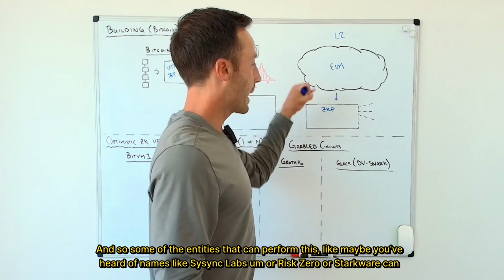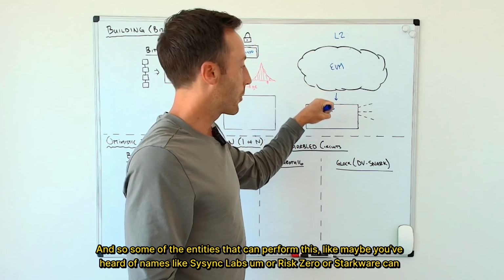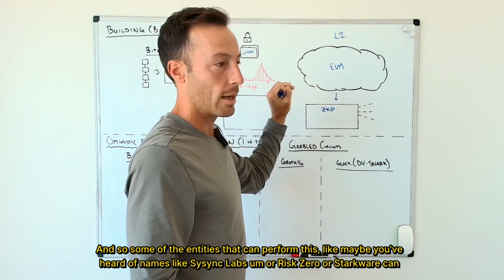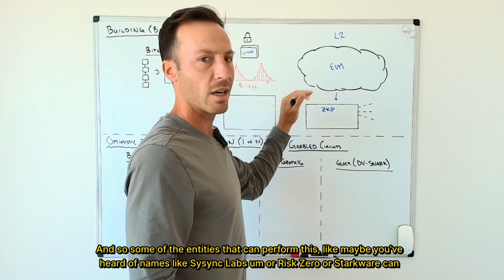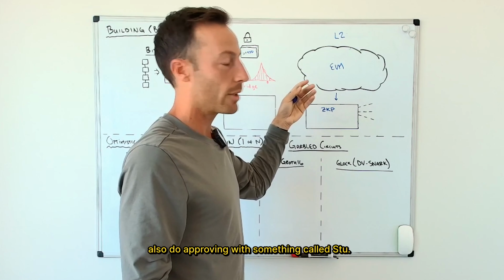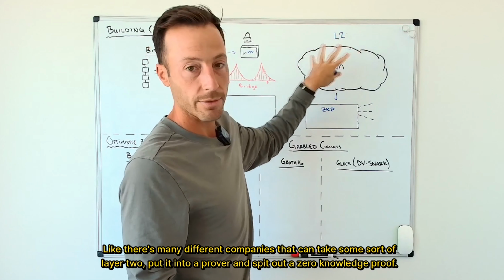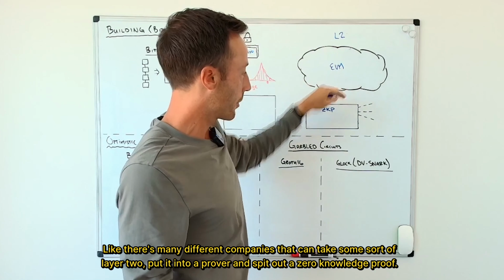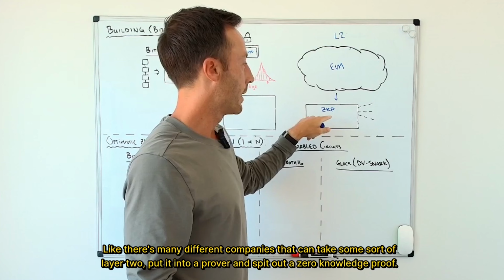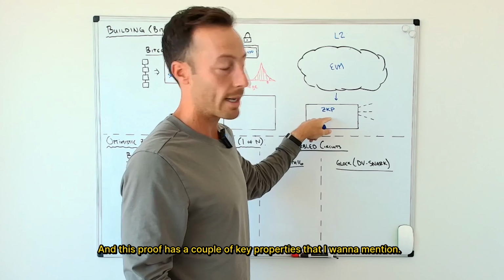Some of the entities that can perform this, maybe you've heard of names like Succinct Labs or RISC Zero, or StarkWare can also do proving with something called Stwo. There are many different companies that can take some sort of layer 2, put it into a prover, and spit out a zero knowledge proof. And this proof has a couple of key properties that I want to mention.